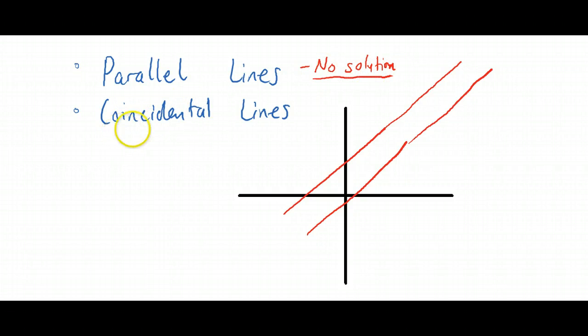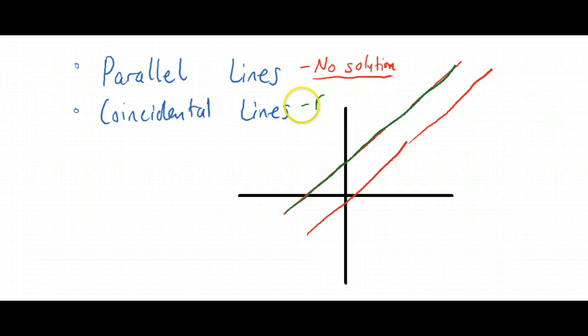For coincidental lines, those are two lines that are right on top of each other. So if I had another line and I drew it over the top of this first one, how many points of intersection are there? Well, there's going to be an infinite number. At every single point they're intersecting.